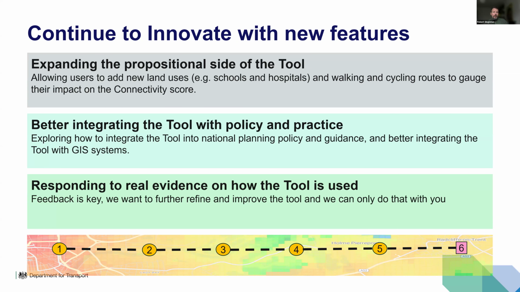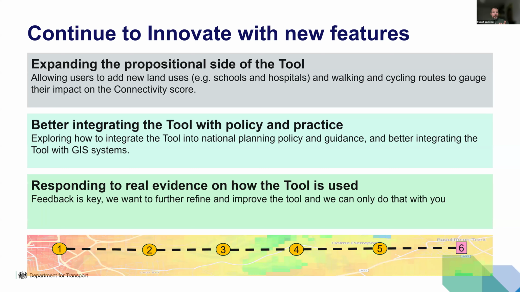So we're going to continue to innovate with new features of the tool. Obviously, Greg mentioned that we're going to expand the propositional side to include land use and active travel. We'll be doing that relatively soon. We're looking at integrating the tool with policy and practice. Obviously, you've seen that the NPPF now references the tool. Obviously, that will be subject to the consultation outcome, so please do make representations.